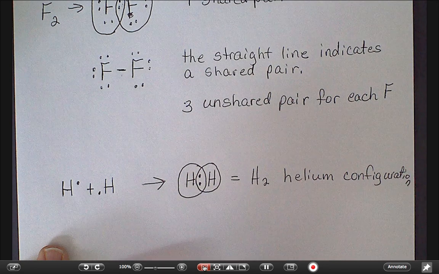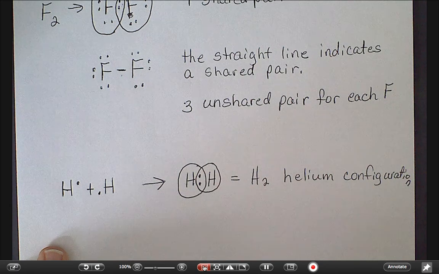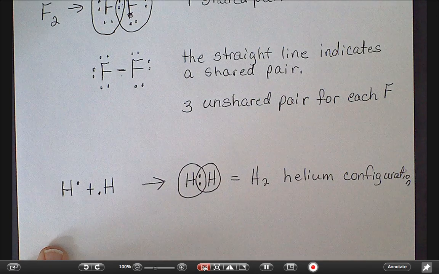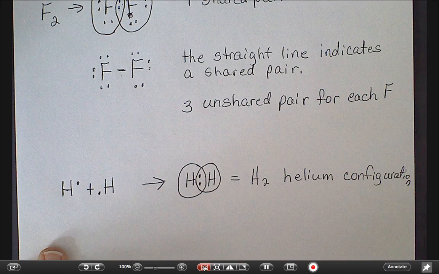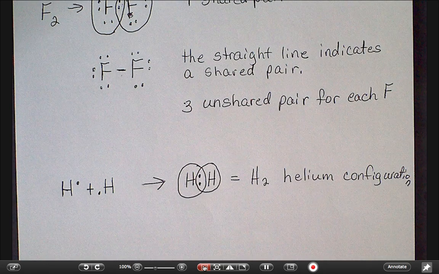No, off the paper. Okay? Because remember, everybody is trying to get a noble gas configuration in their outermost energy level. Yes? Okay. Any questions so far?